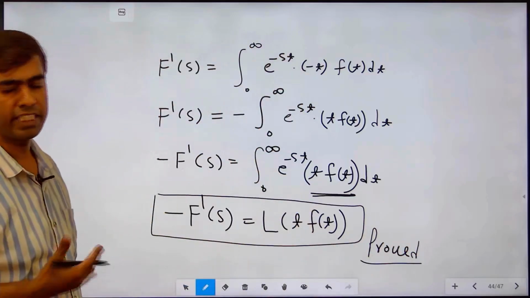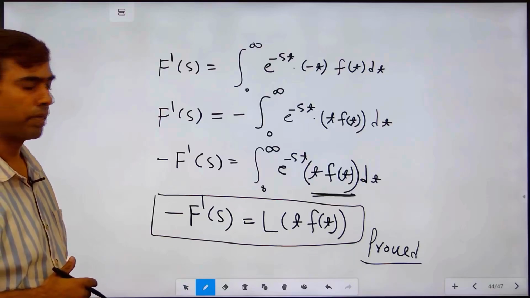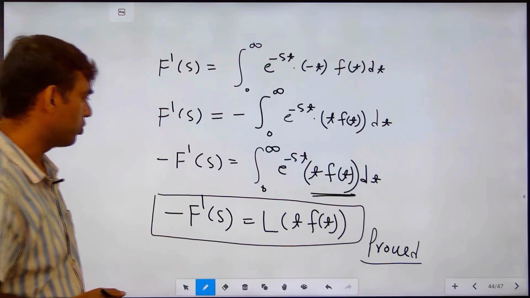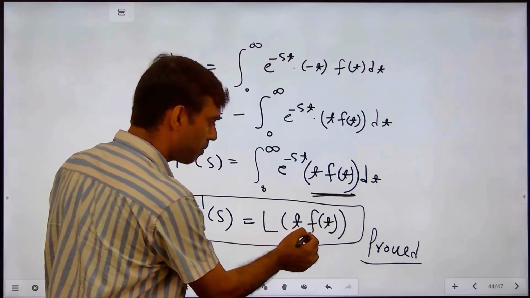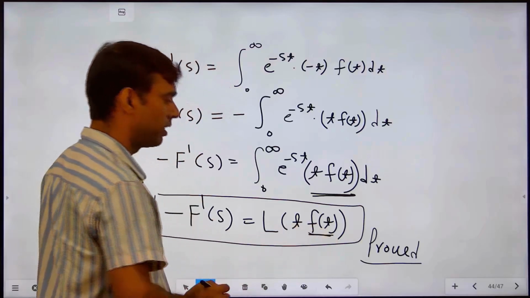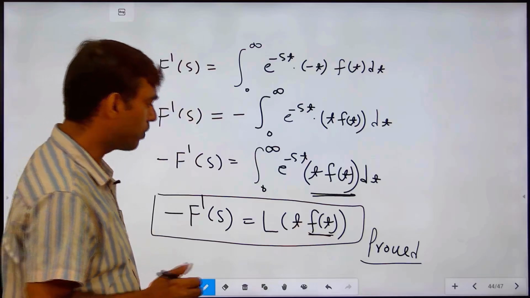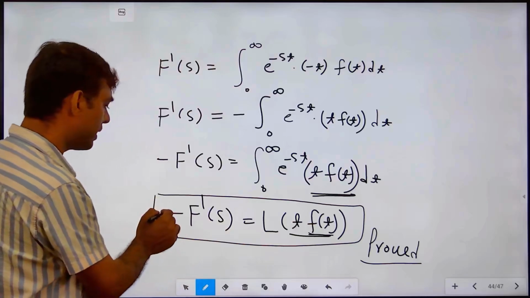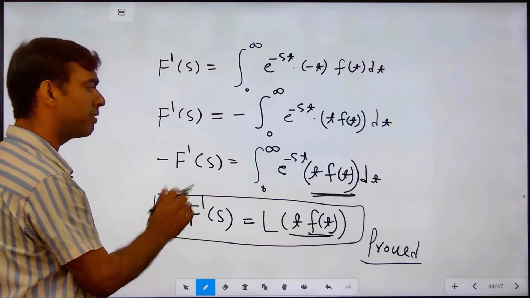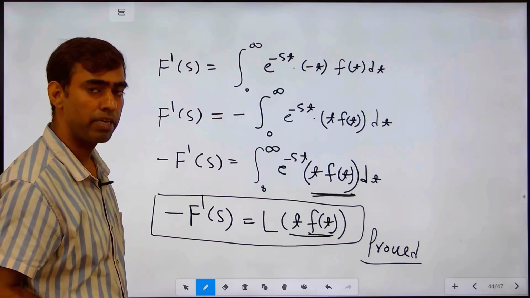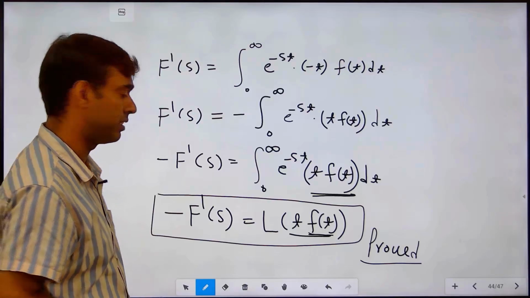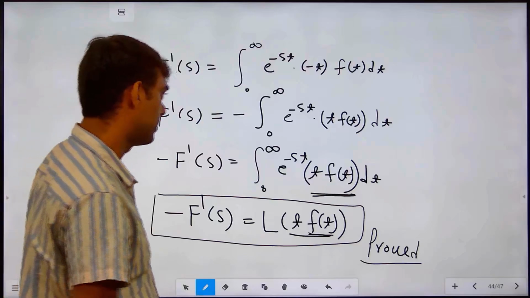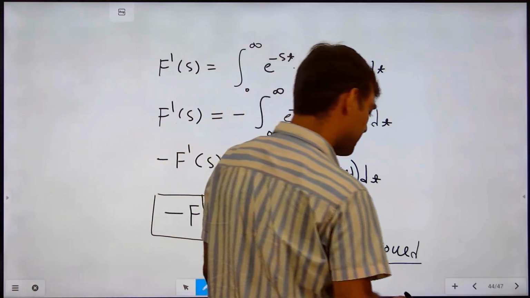Now, what is the application of this property of the Laplace transform? If we have the Laplace transform of f(t), then we are able to find the Laplace transform of t into f(t) by differentiating the Laplace transform F(s) and multiplying by minus.